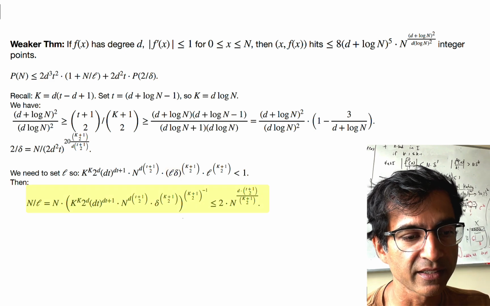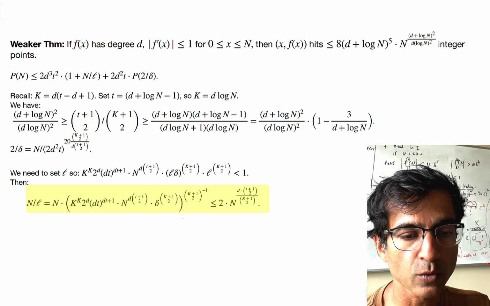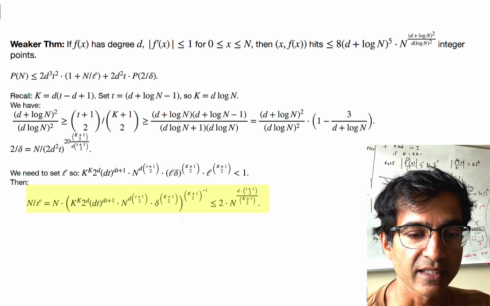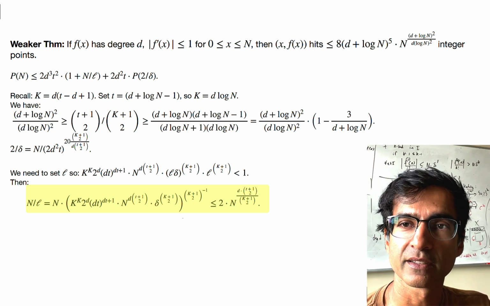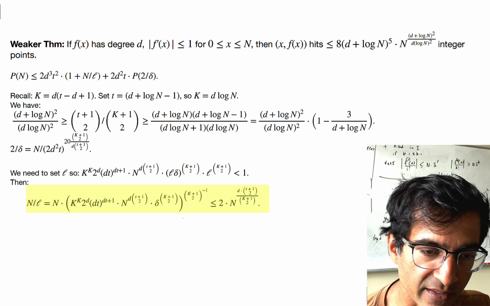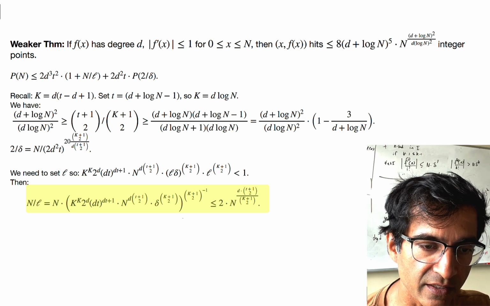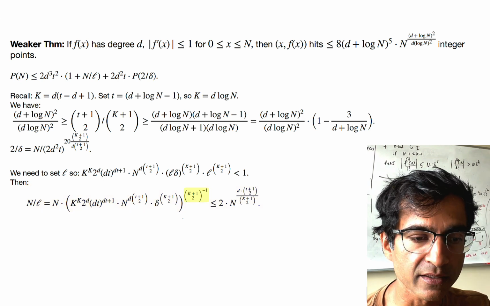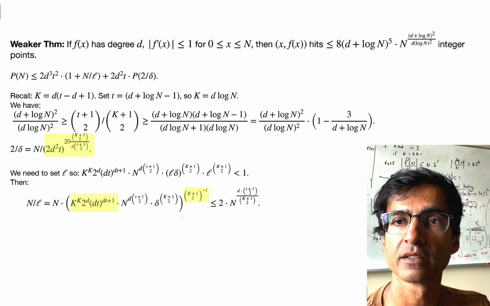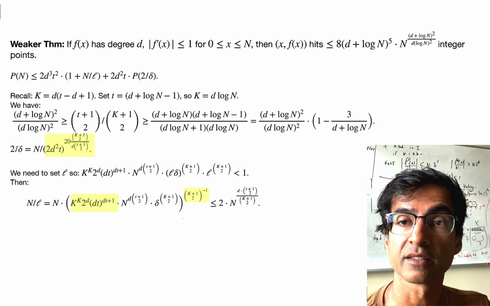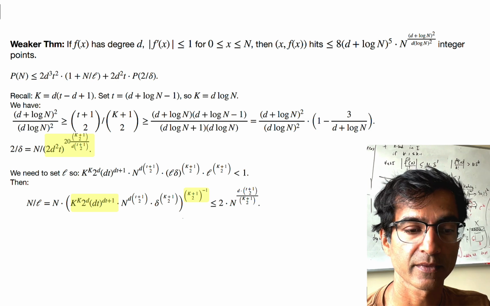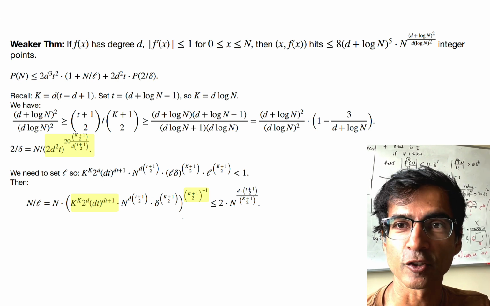What that gives you is that n over L looks like this quantity, which essentially looks like n to the power of the ratio of these binomial coefficients times d. That's because dividing by k plus 1 choose 2 kills all the other terms here. All the other terms are dominated by this one. So that's something you can check.